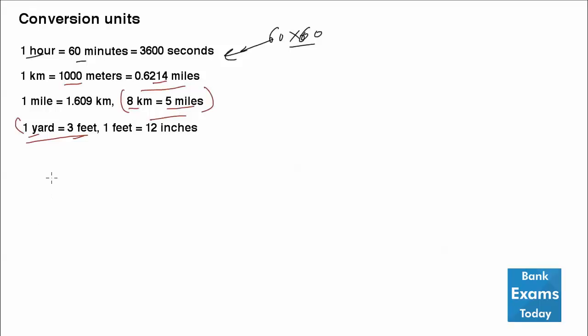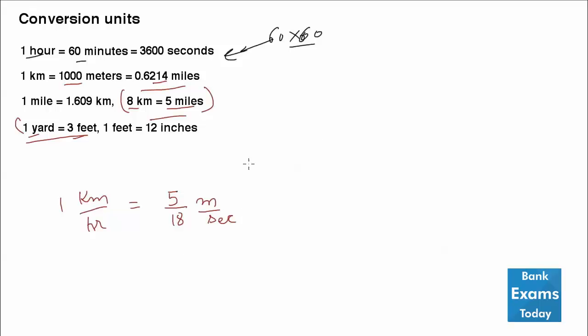Okay, so let's convert kilometers per hour to meters per second. 1 kilometer per hour is equal to 5 over 18 meters per second.